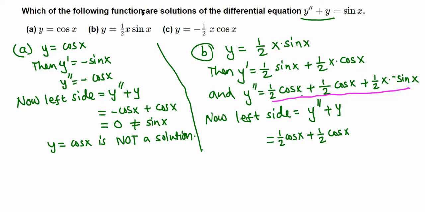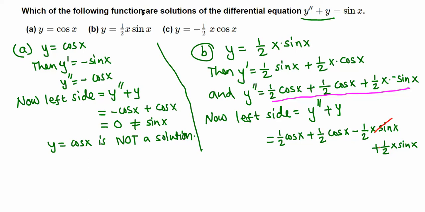We should have combined 1/2 cosine plus 1/2 cosine. That would be just one copy of cosine. And in fact, negative positive, this is negative 1/2 x sine x. That's y double prime plus y. Y is 1/2 x sine x.